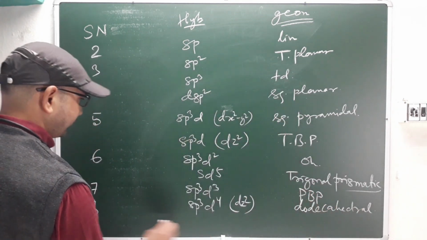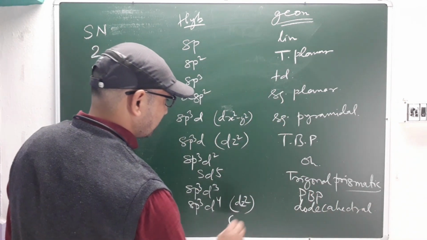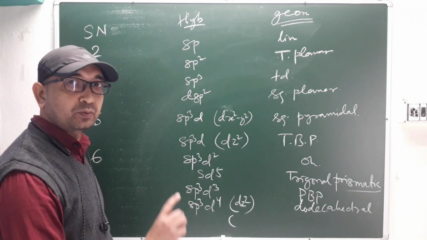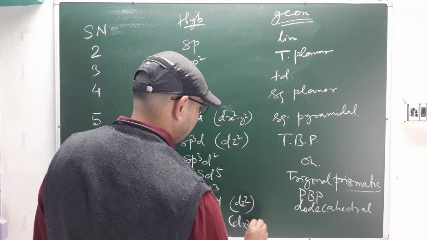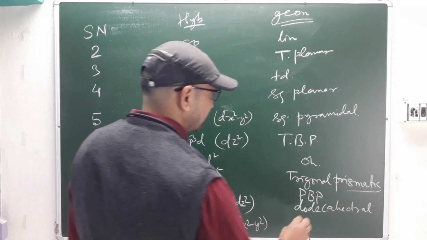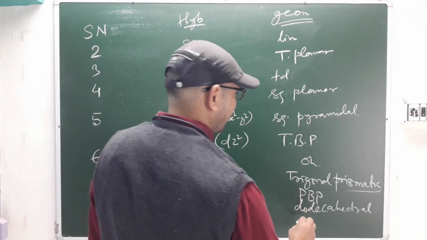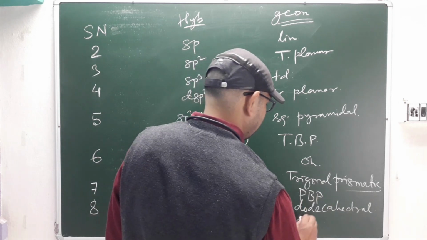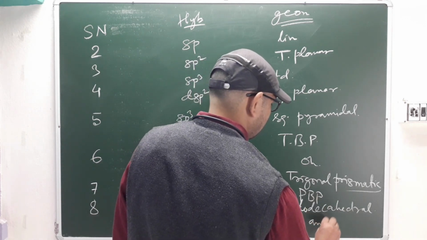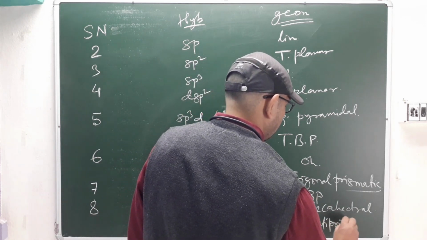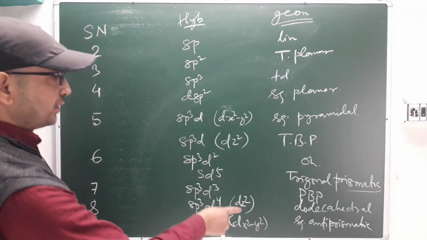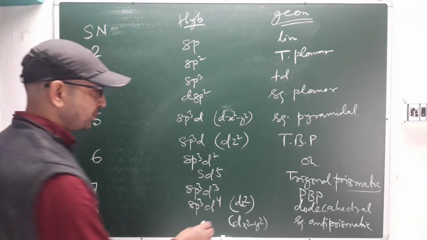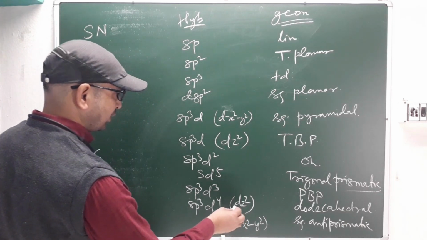And if it is sp3d4 and the d contains dxy, dyz, dxz and dx2-y2, then it will be square anti-prismatic. So just have a look.